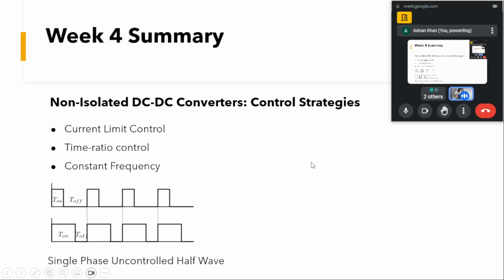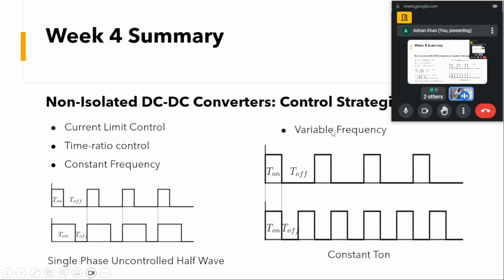And coming to the other control strategy, that is variable frequency control. We saw first that if we want to achieve different voltages at the output in the case of a buck converter, we have to change the duty of this primary device, and if we want more voltage, we have to switch on the device for a longer duration of time.